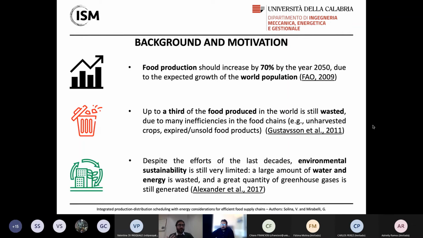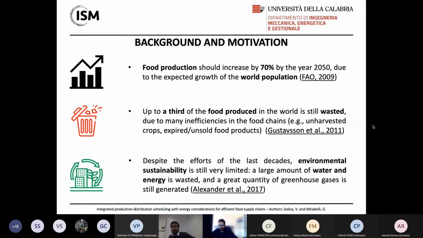But despite this expected growth, nowadays, according to some authors in the literature, up to a third of the food produced in the world is still wasted due to inefficiencies in the supply chains. Just think, as written in the slide, unharvested crops or expired unsold food products and so on.